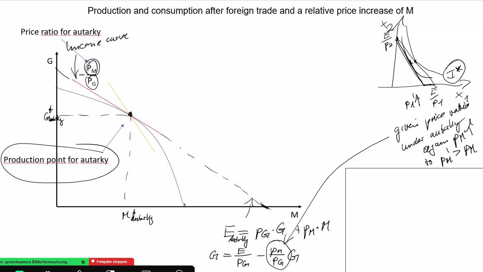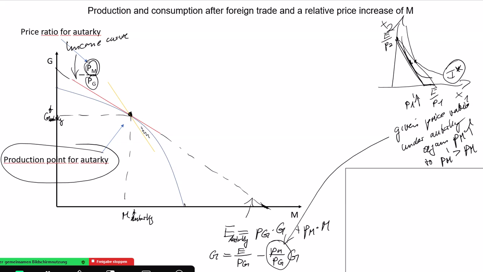And our aim now is the yellow one, but the yellow one, especially here, we see that we can reach production points which correspond to an outward shift of the yellow income line, so corresponding to a higher income.